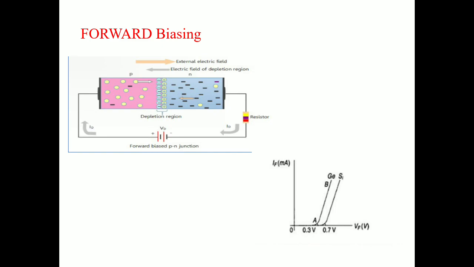I is directly proportional to e power V, an exponential relationship. So after the depletion region is eliminated, if you increase the voltage, the current value rapidly increases. My input voltage is almost constant and the current value is increasing, so my diode is conducting. This is the forward biasing condition.